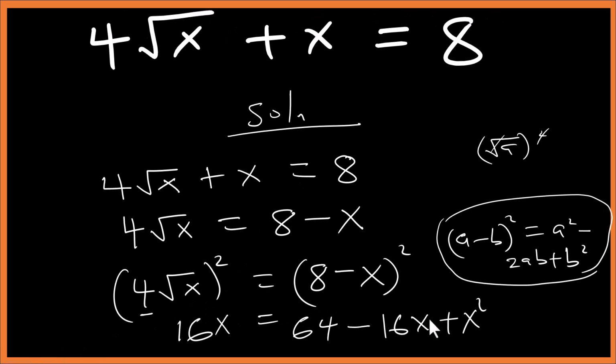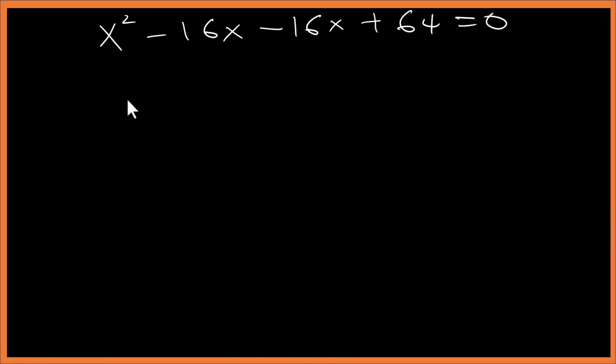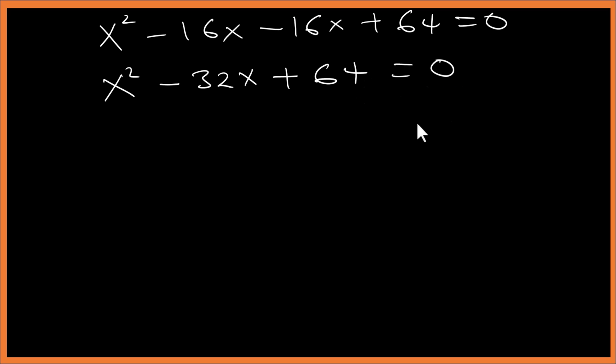Let's confirm: x squared, minus 16 and minus 16 is minus 32x, plus 64 equal to 0. So this one is a quadratic equation.